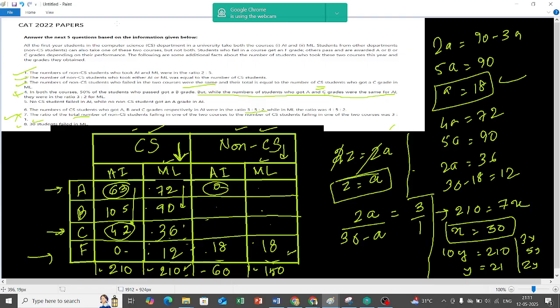Sir, 21. Right. 21, because 63 plus 0 is 63, 42 plus 21 is 63. Excellent. Now can you tell me what is going to be this value? Tell me.